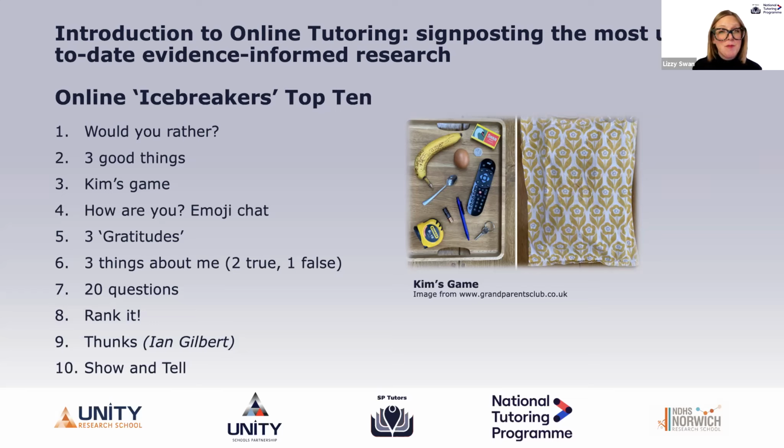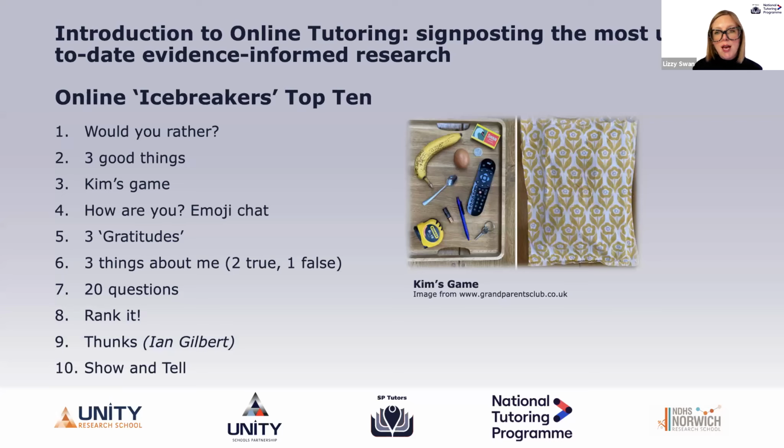Kim's game is one of my favourite activities. I put a picture in here because it can be quite hard to articulate. It's a very important activity for children with dyslexia or children with challenges with working memory. I've taken this image from a website where you often put 20 random items on a tray.